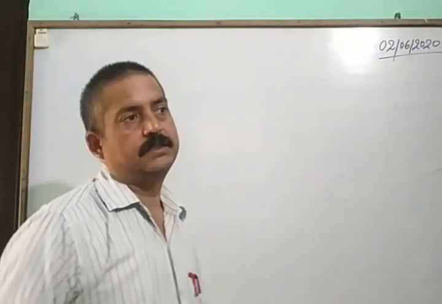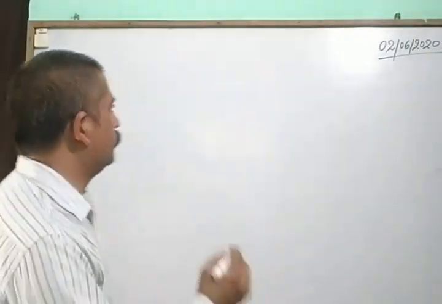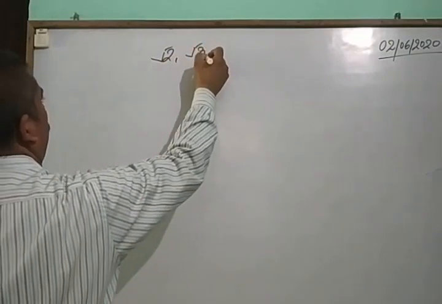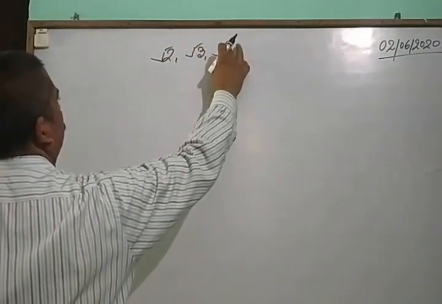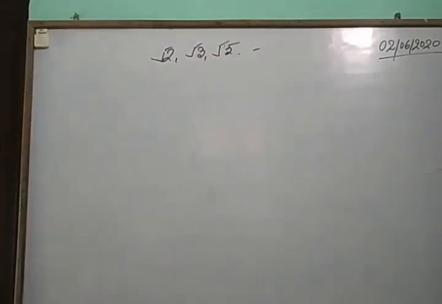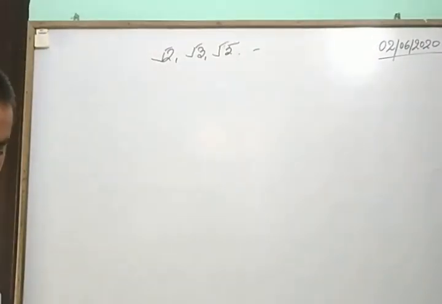Different students have asked us how to represent root 2, root 3, root 5 on the number line, and so on. So first, let us start with how to represent the irrational numbers on the real number line.